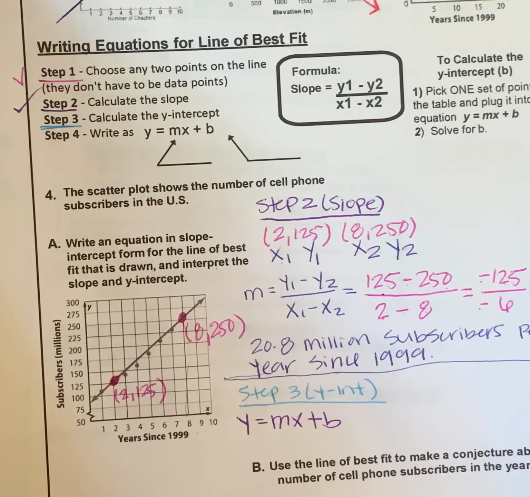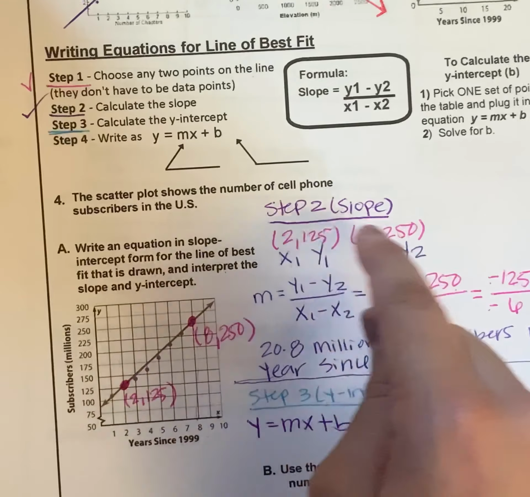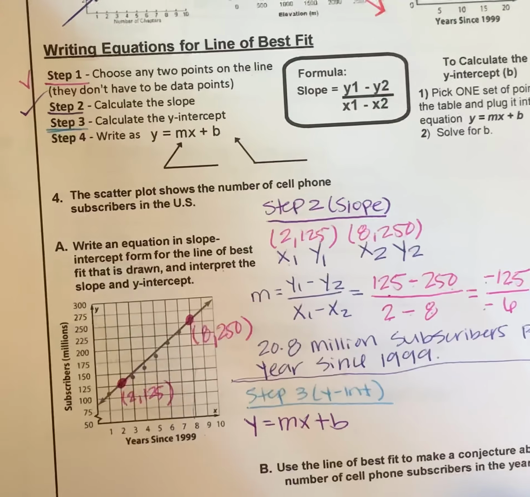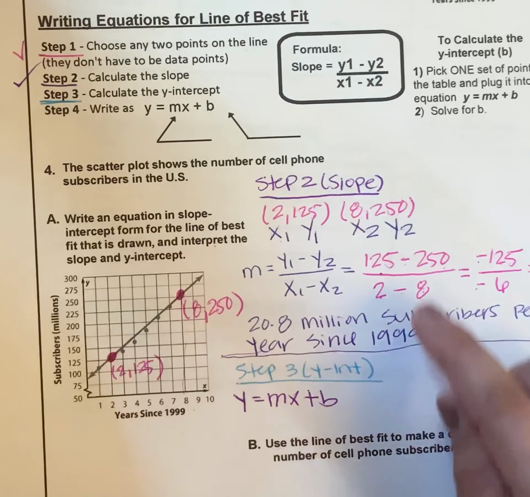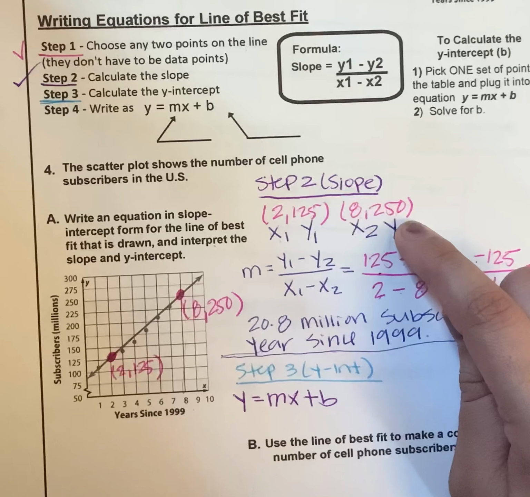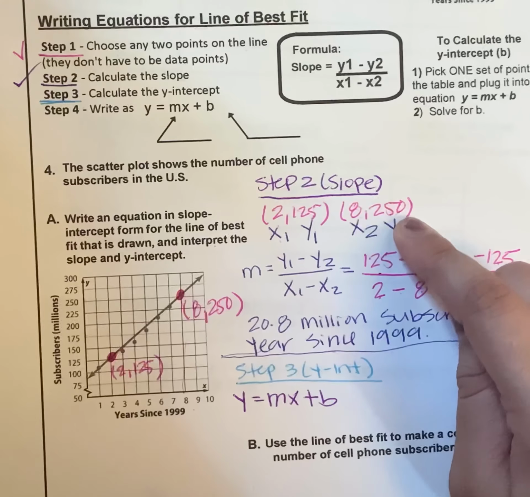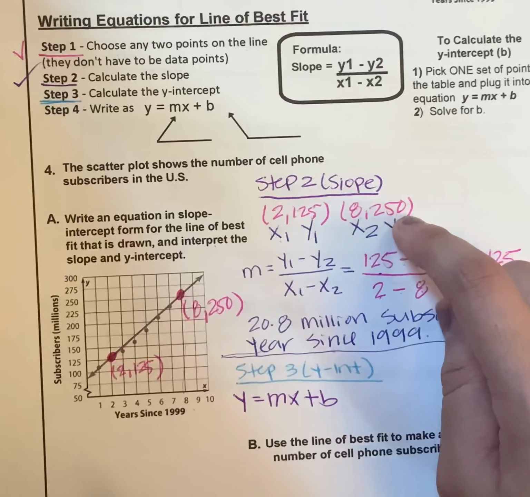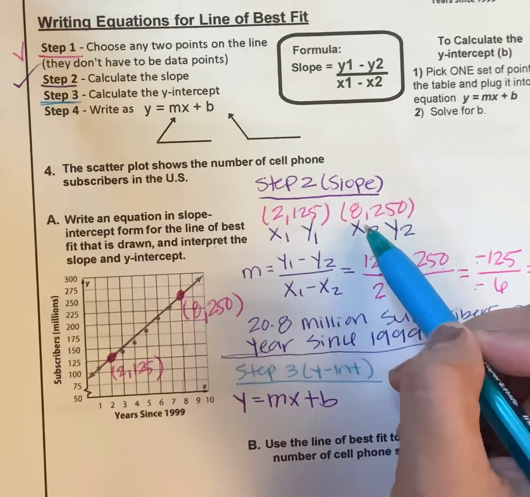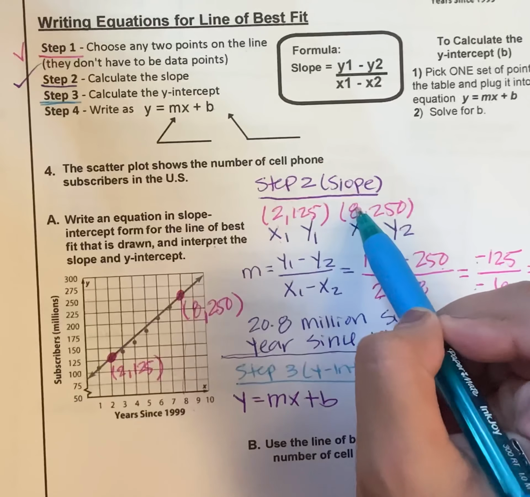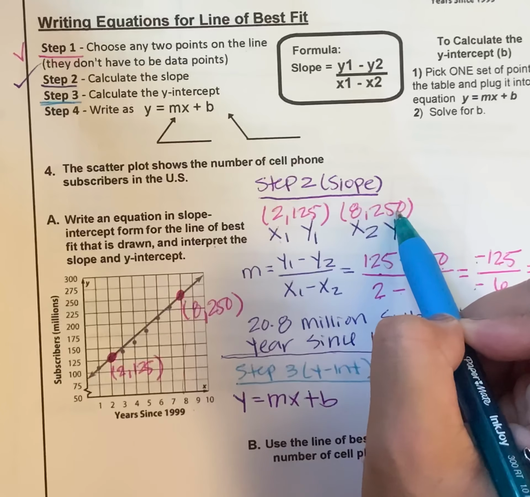So now remember, we can use any of these 2 points when we're plugging things in. I'm going to go ahead and use the second point, 8 and 250. However, if you feel more comfortable using the first point, you may go ahead and do that. So I know that my x value is 8 and my y value is 250.